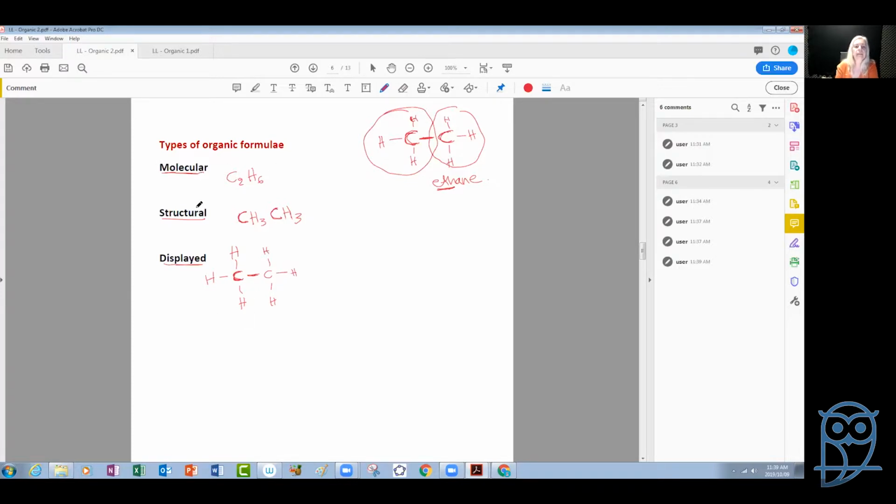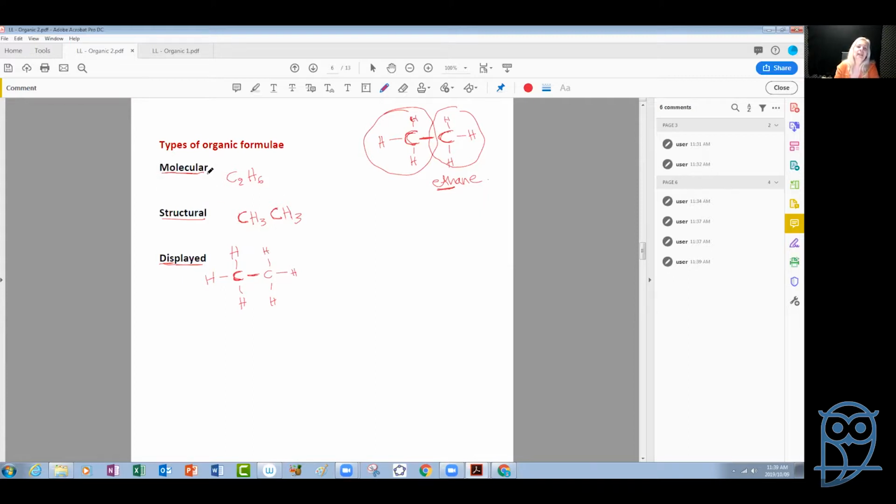Okay, so these are the 3 important types of formulae that we need to know for now and for our level especially: the molecular, the structural, and the displayed. We also need to remember these names. You see, in organic chemistry, we need to have a good memory. We need to remember quite a few words.